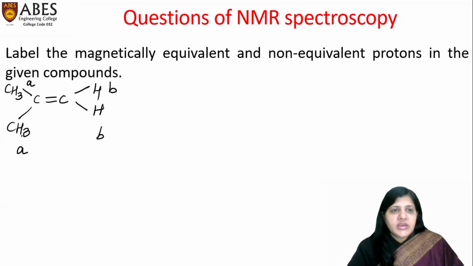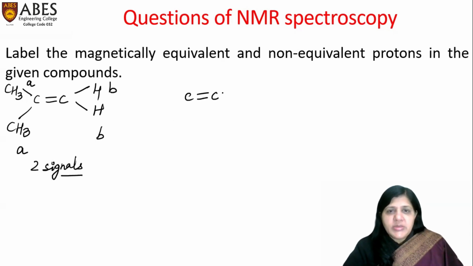Because the electronic environment is the same around these methyl protons, and for the B set of protons the electronic environment is the same. Therefore, these two hydrogens are similar and these two methyl groups are similar. So, this compound will show two signals in NMR spectrum.